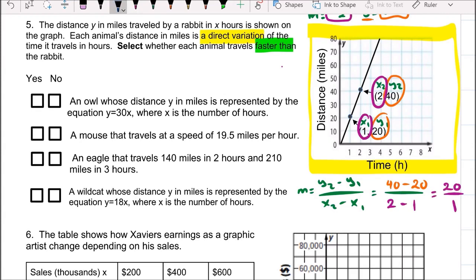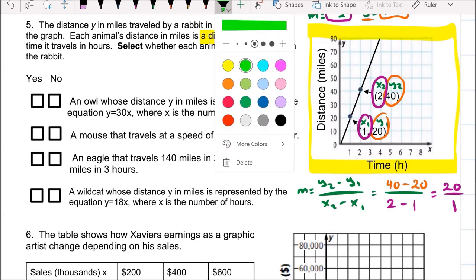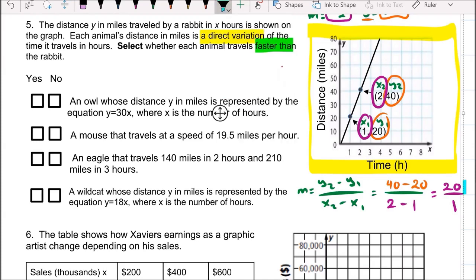Before we actually jump in and answer each question, we need to understand what it means when you write 20 over 1. The 20 comes from the y value. Let me highlight this so you can see what I'm talking about. The 20 right here comes from the y value, and y represents the miles. So 20 miles, and 1 at the bottom.